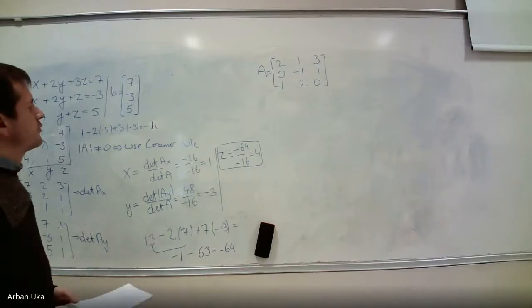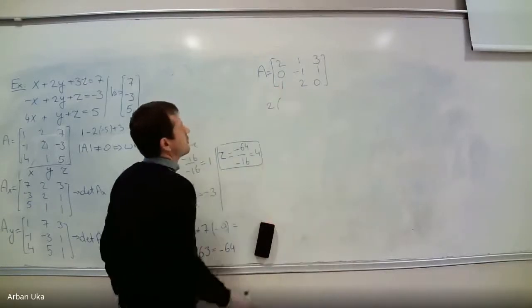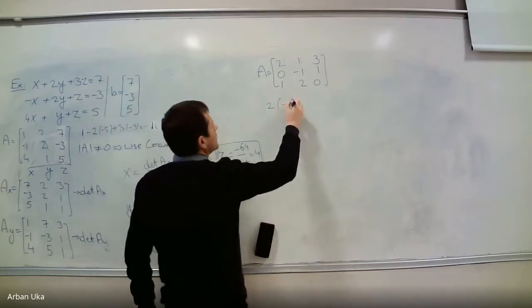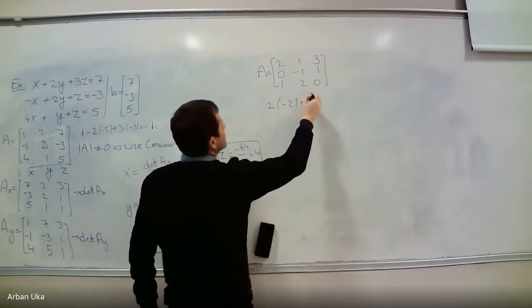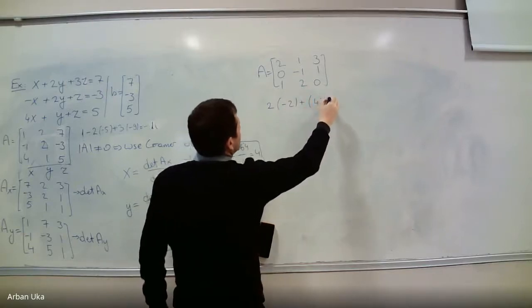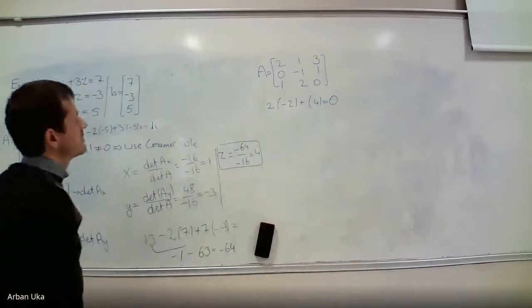So what is the first thing we have to check? If the determinant is 0. That's true. So let's expand over the first column, and here we have 2 times minus 2 plus 1 plus 3, 4 plus 4. This makes this 0. Okay, is this correct?